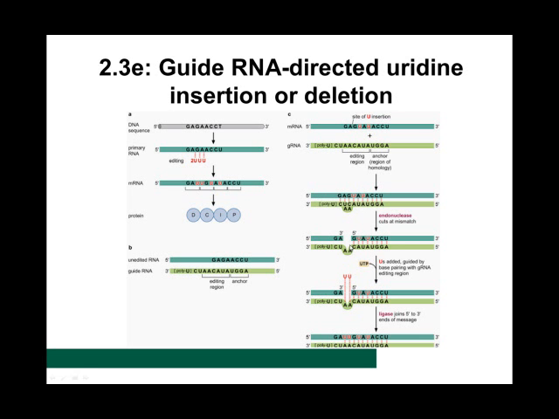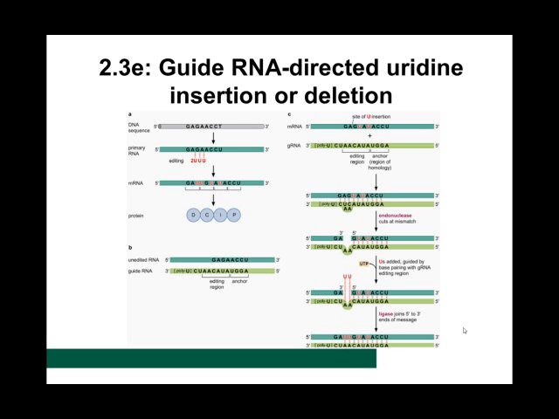So what happened is that you put in two U's, and you put the U's right here, and of course a ligase enzyme will be used to join the final ends together. So the final product after processing is that the messenger RNA has actually 1, 2, 3, 4 extra bases that were not put in there by the transcription of the original gene. They were put in through RNA editing.